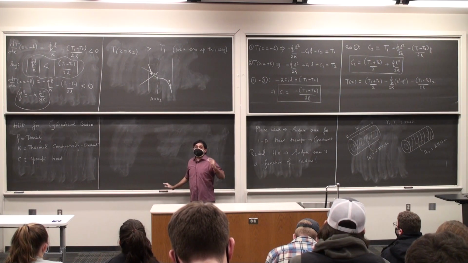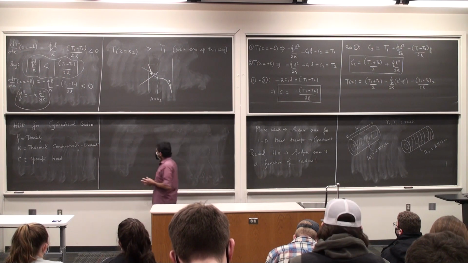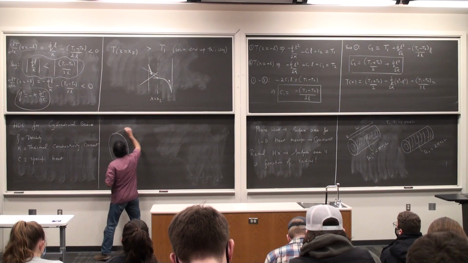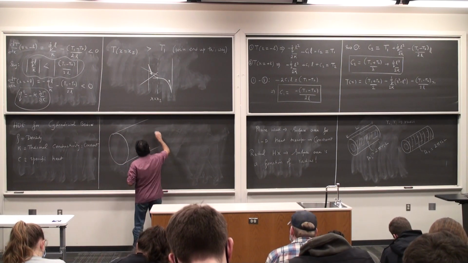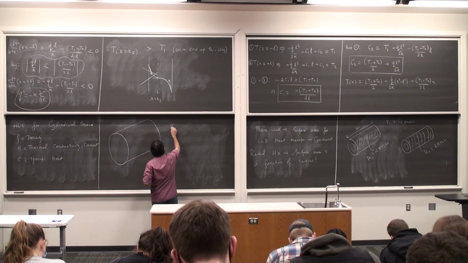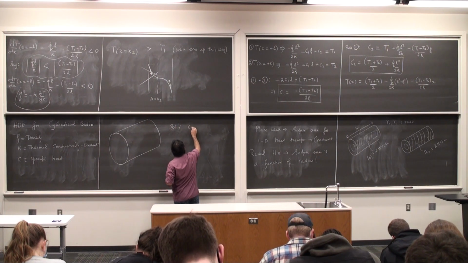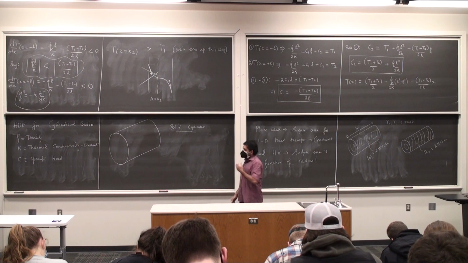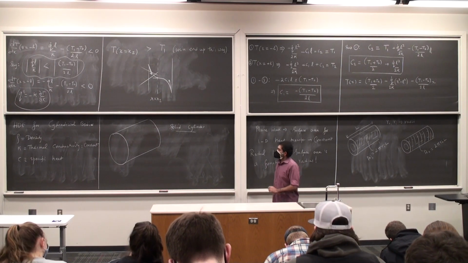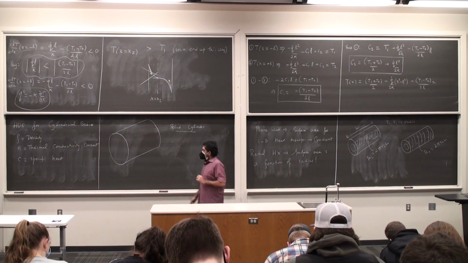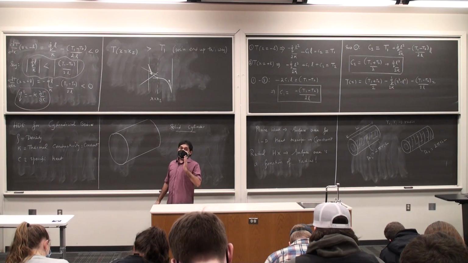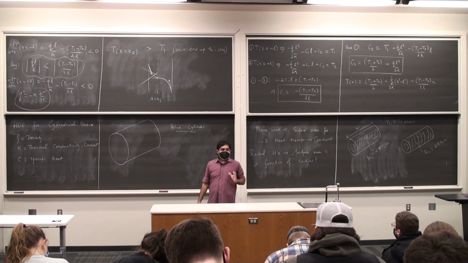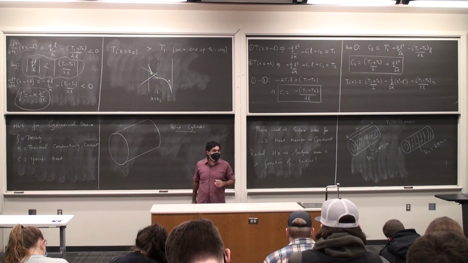And I'm going to consider a cylindrical body here, as I'm going to draw it, a solid cylinder. Direction of heat transfer is only radial. So I'm going to consider a small volume element which is going to be drawn along the length of the cylinder.